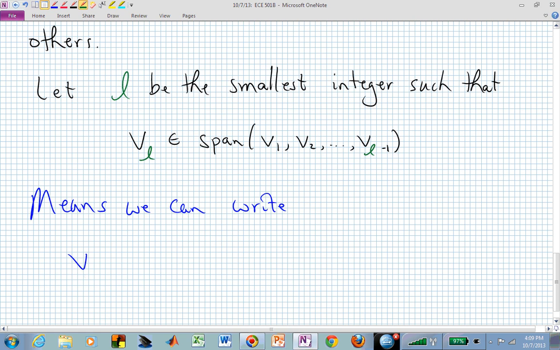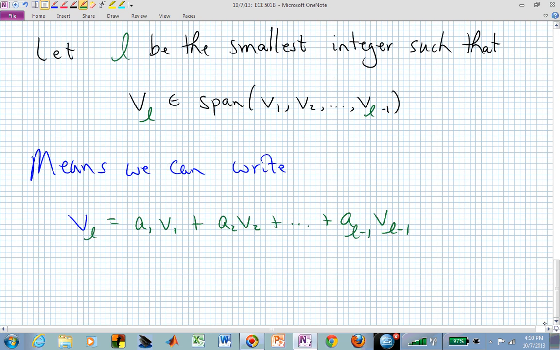So this is now v sub L equal to a1 v1 plus a2 v2 on up to a sub L minus 1 v sub L minus 1, by our assumption that v sub L is in the span of these previous L minus 1 vectors.